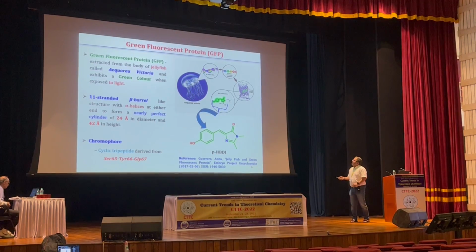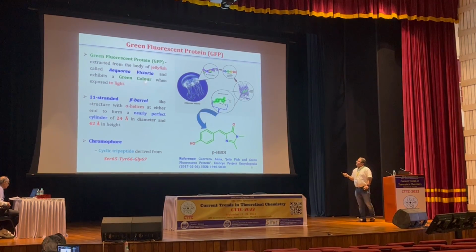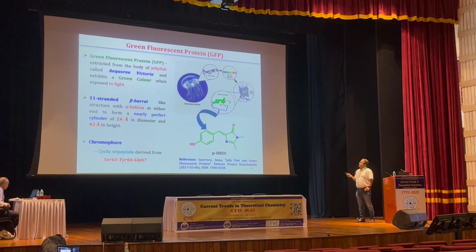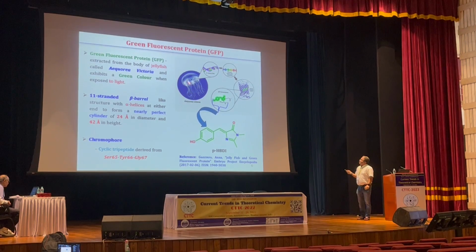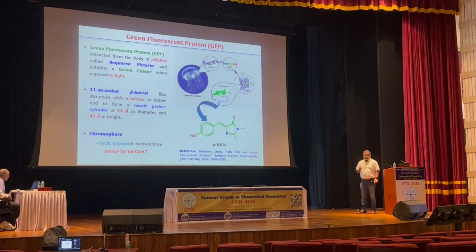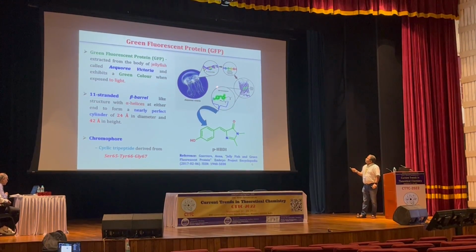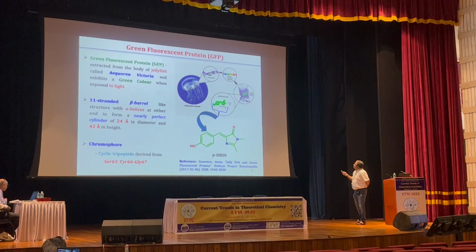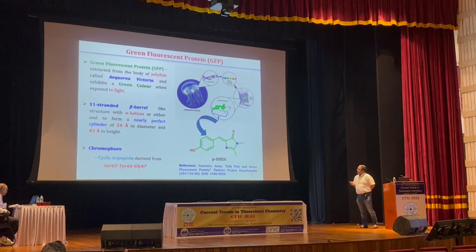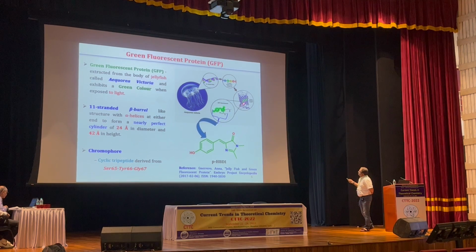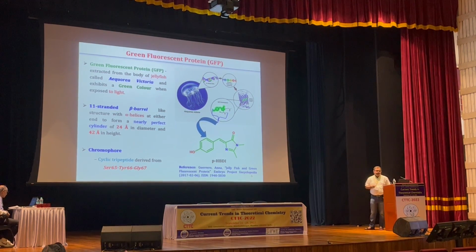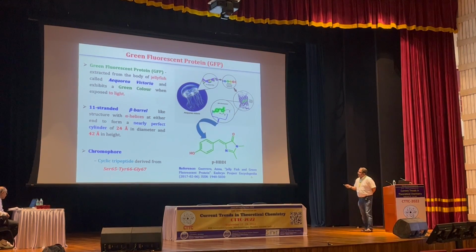Now, a little bit about the history of the green fluorescent protein. It is extracted from Aequorea victoria, and it emits green color when exposed to light. Its structure is an 11-stranded beta barrel, a nearly perfect cylinder, 24 angstrom in diameter and 42 angstrom in height.